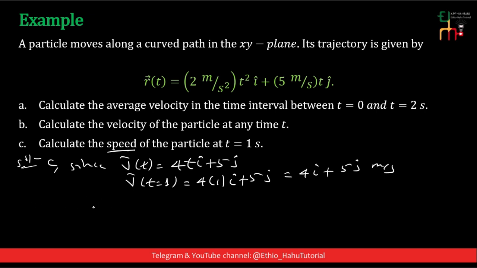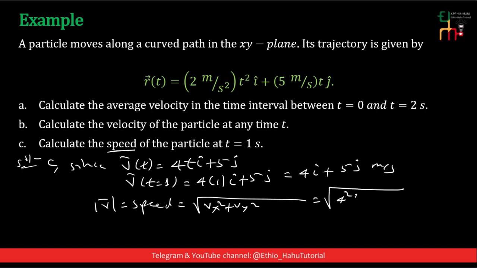To find the speed, the magnitude of velocity is equal to speed, which is the square root of vx² plus vy². This implies the square root of 4² plus 5². This is equal to the square root of 16 plus 25, which is the square root of 41 meter per second. This is the magnitude of the velocity or the speed at t is equal to 1 second.